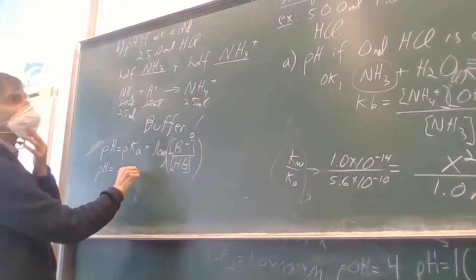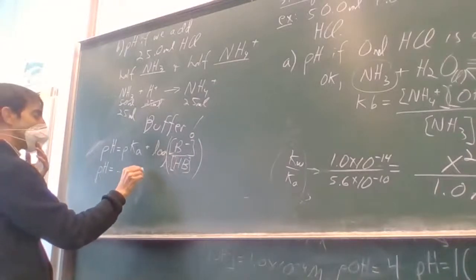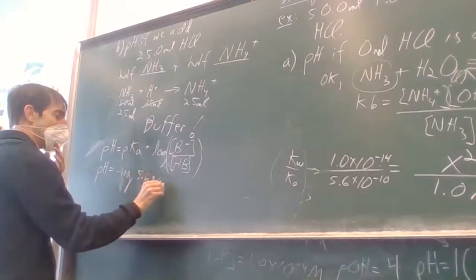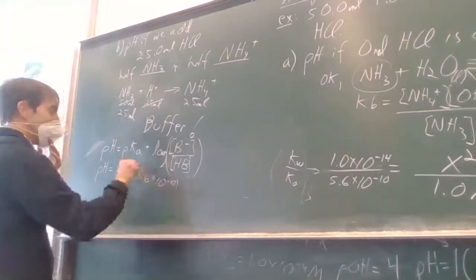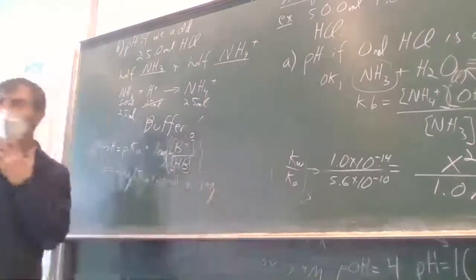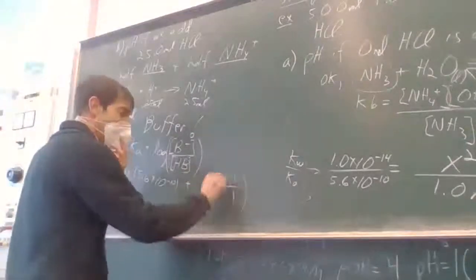Okay, negative log of 5.6 times 10 to the negative 10, it's right over there. Plus the log of, yeah, why? Because it's a 1 to 1 ratio.